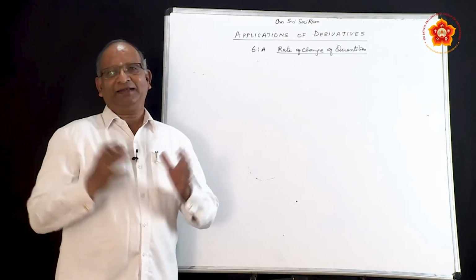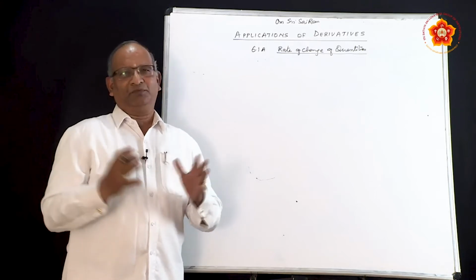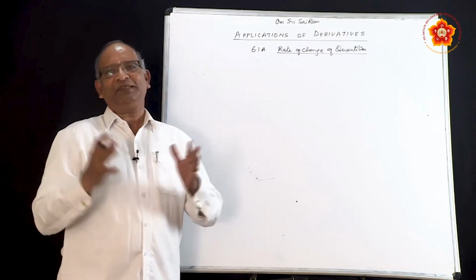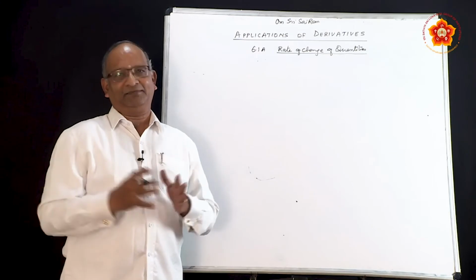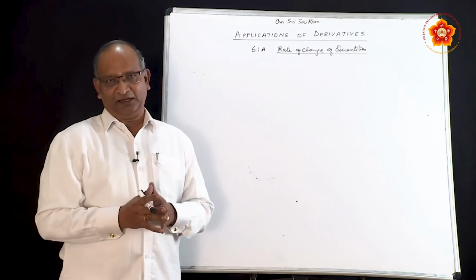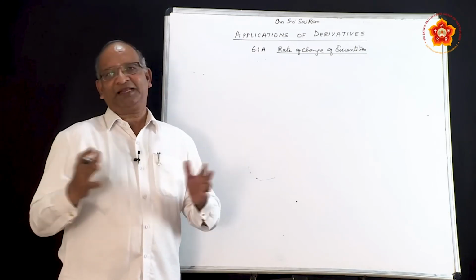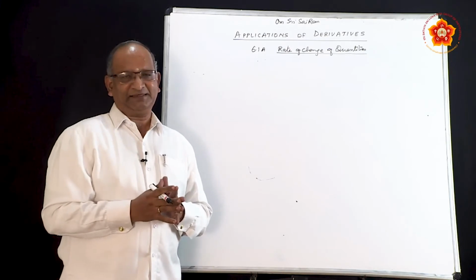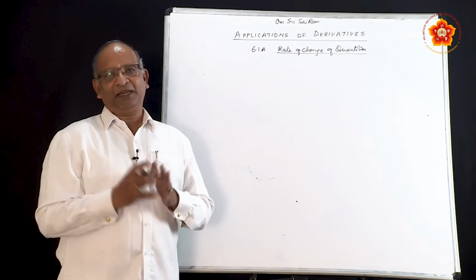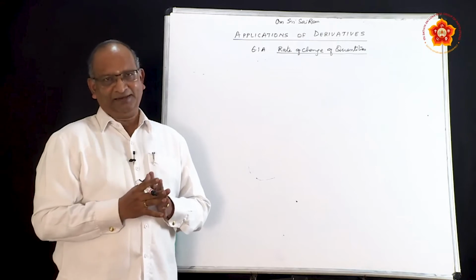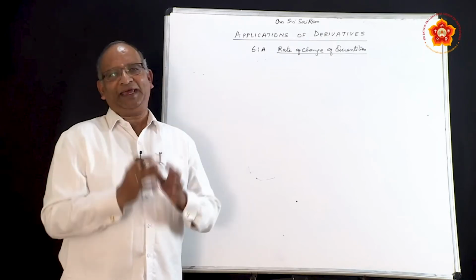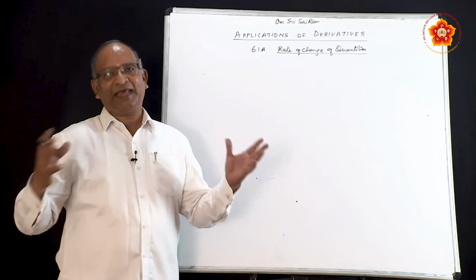And in general we assume, not exactly, but we assume that the shape of the balloon is spherical. Sometimes it is elliptical also, and sometimes it comes in various shapes and sizes. But in general, the balloon is considered to be spherical. So, as we blow air into it, it expands.